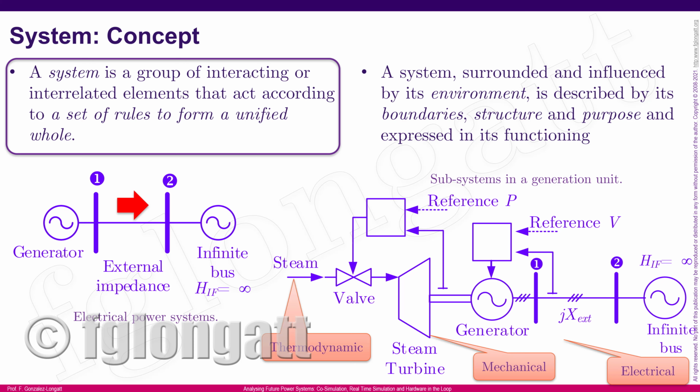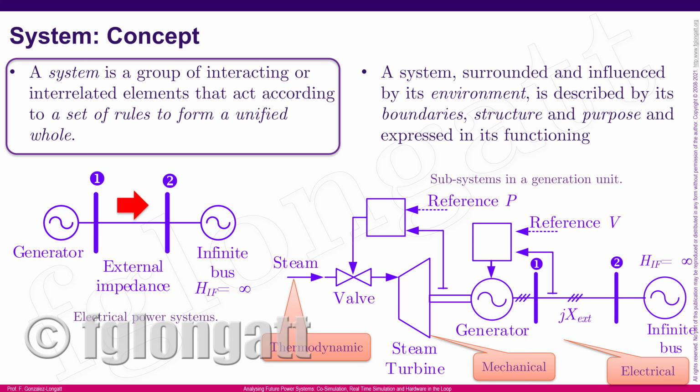For instance, we can talk about the electrical power system as this huge infrastructure, but then we can talk about the generator unit as a subsystem inside the huge infrastructure called the electrical power system. In this case, the system is surrounded by an environment, and there are some classical boundaries and structures defining how the system must behave.